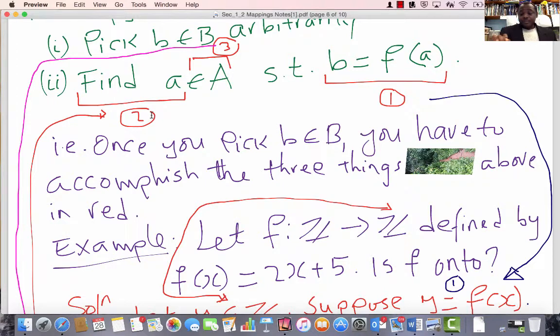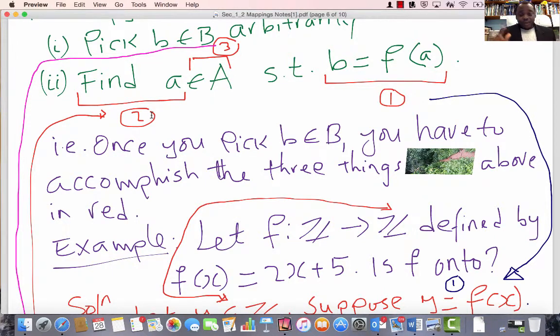Believe it or not, the step that determines whether f is onto or not is actually step 3. You can always suppose that b equals f of a. You can always solve for a. It doesn't matter how complex the equation is, you can always factor out a. So the question is, does that a actually reside in the domain?